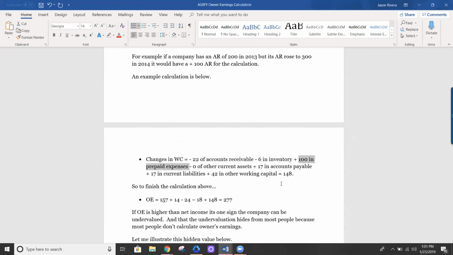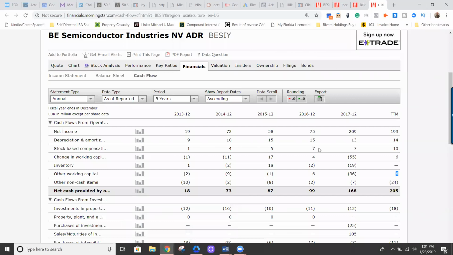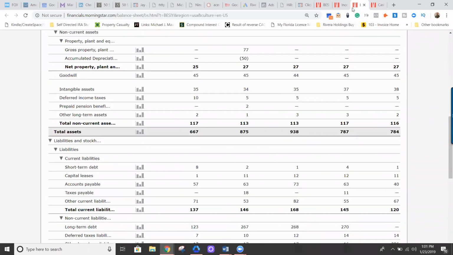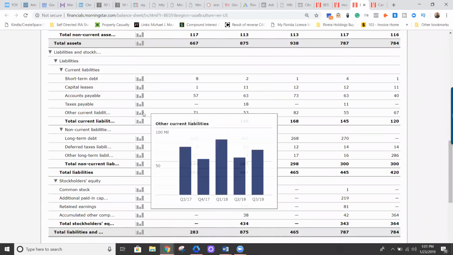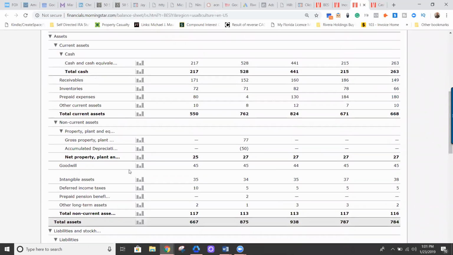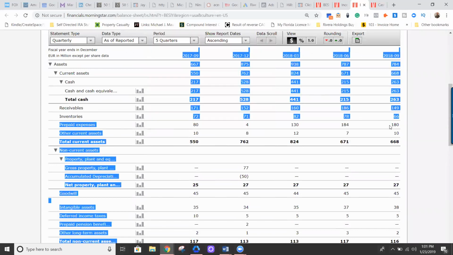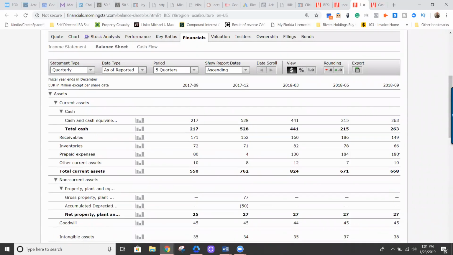Well, they haven't been paid yet. Have they been paid? Let's see. Oh, so they prepay for the expenses in advance. So essentially from here to here, they've prepaid $100 million more in expenses than they did in the prior year period.